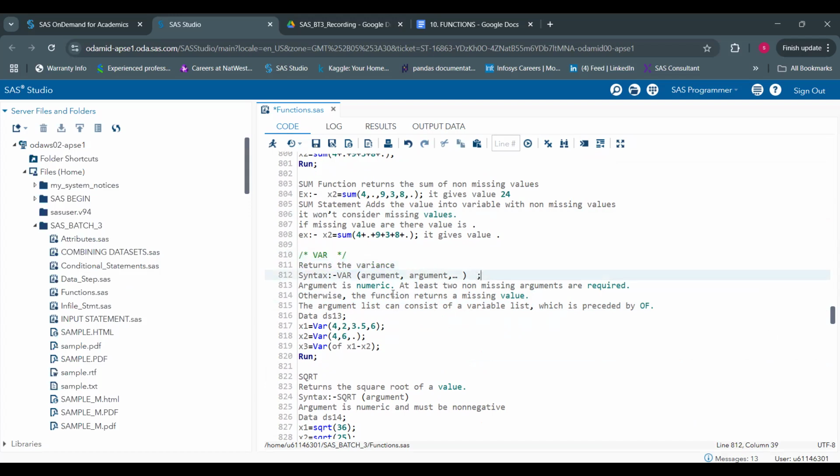So it calculates the variance between numbers. It always needs at least two non-missing values, because variance always needs a minimum of two non-missing values to calculate. Otherwise the function returns missing values.